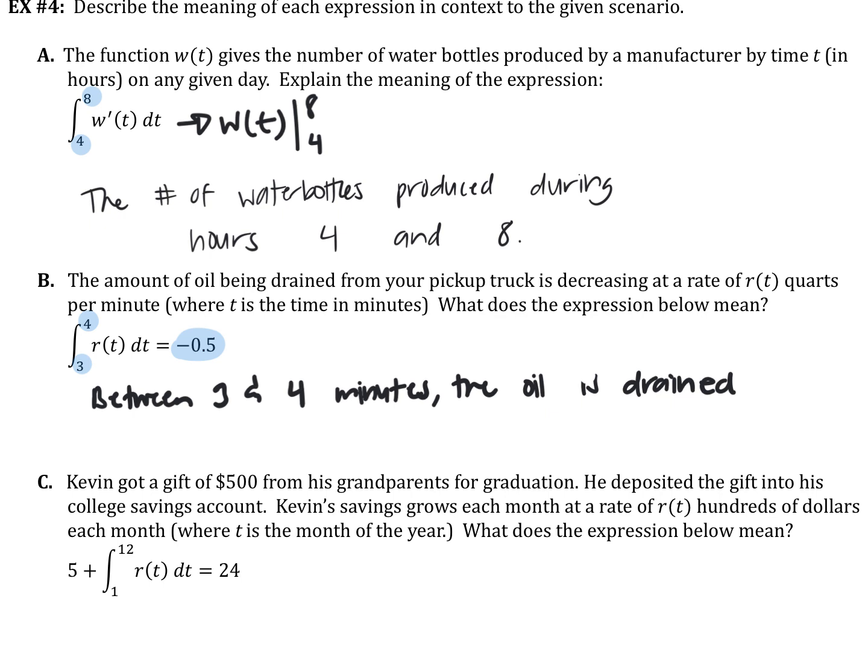Oh wait, I want to say the oil drained is 0.5 liters. Maybe the amount of oil drained, that sounds a little bit more English correct. But you get the idea. It's math. As long as you have the time, what it is, and then what's happening with that value, if you're given that value, that's all I care about. Questions on that one?